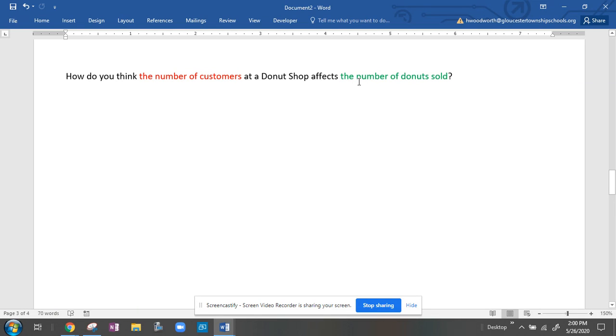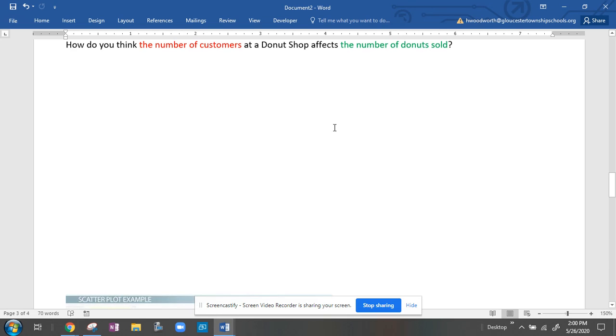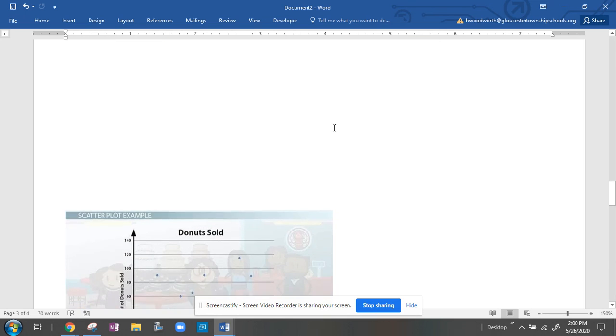Would you say more donuts would be sold, or fewer donuts would be sold? Or more customers, you'll always sell the same amount, there's no increase or decrease. What do you think? I would think there'd be an increase of donuts sold as the customers increase.